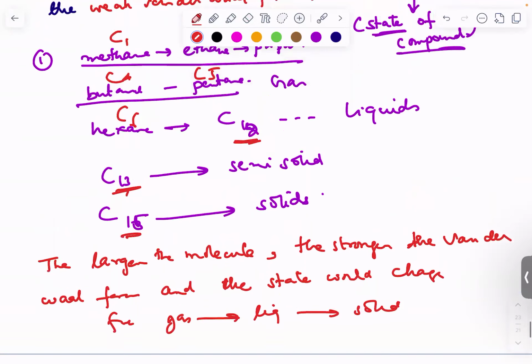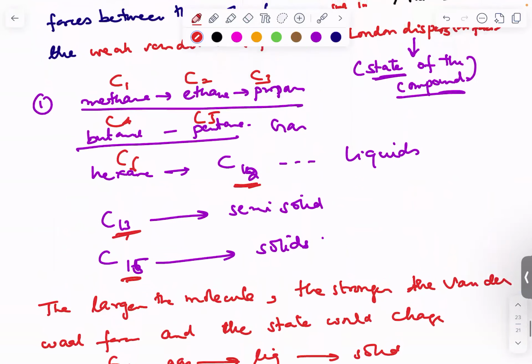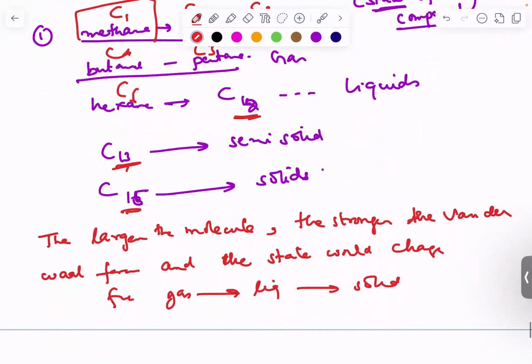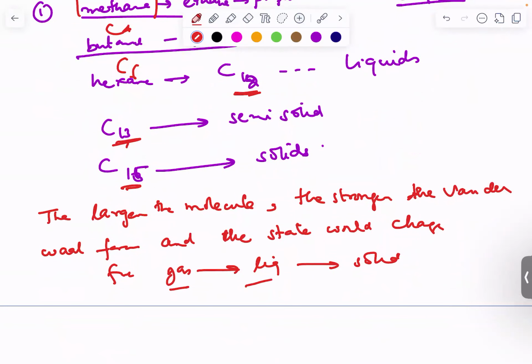You know that methane gas is used in cooking, or in stoves for multiple purposes, right? So alkanes start off as gas, then turn to liquid, and finally change to solid.